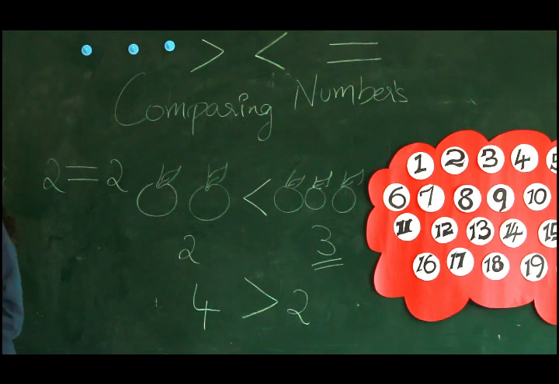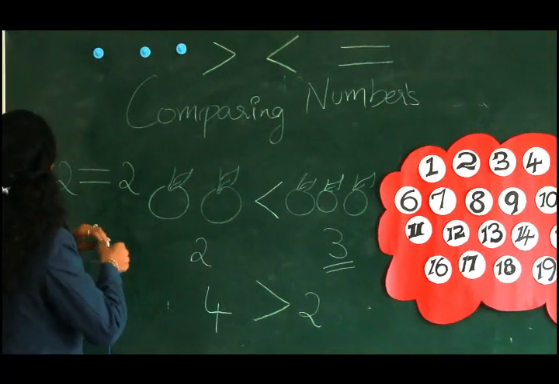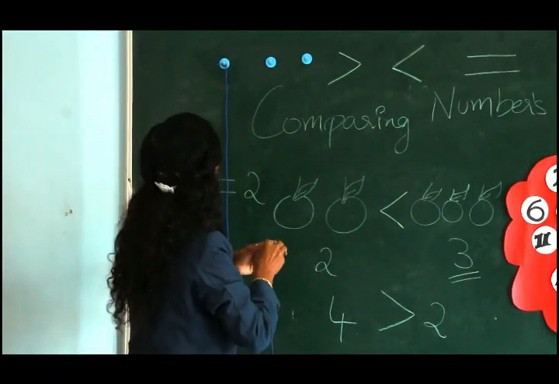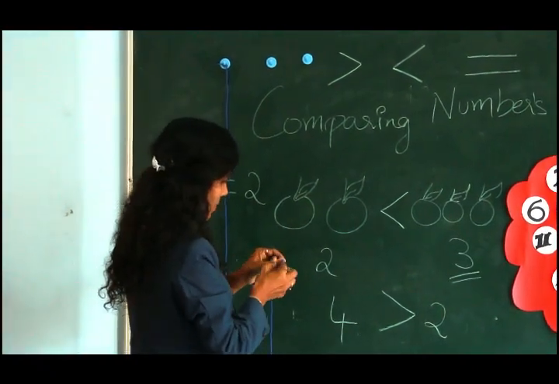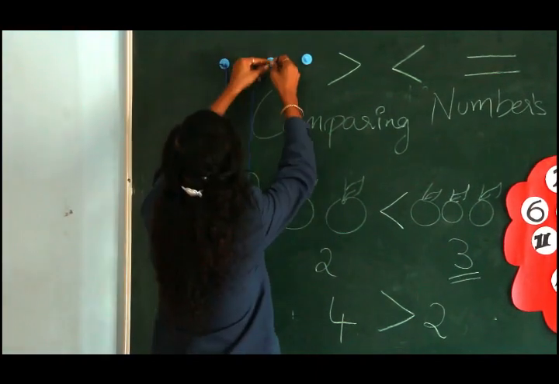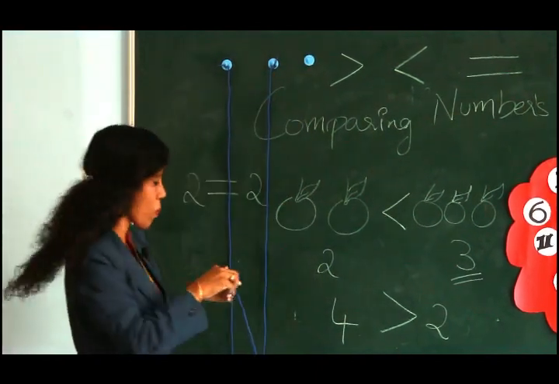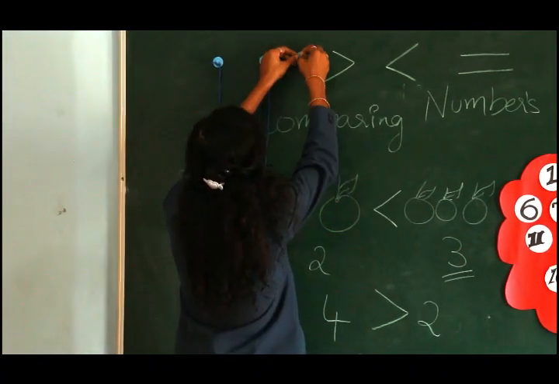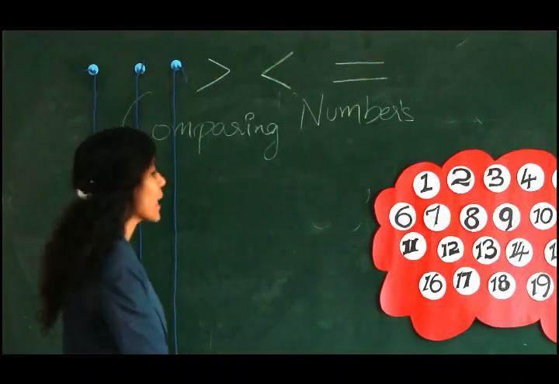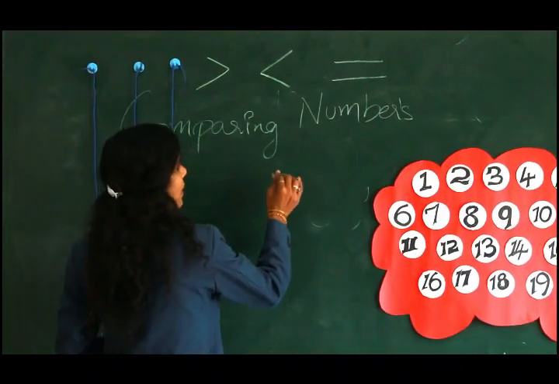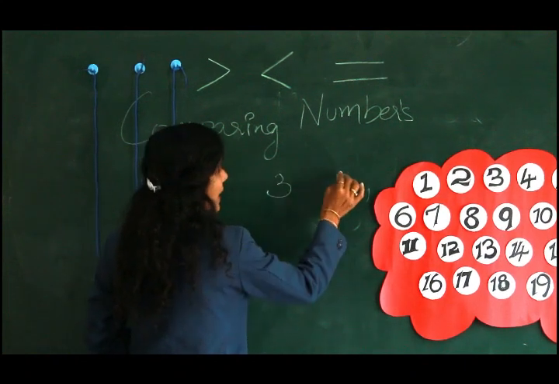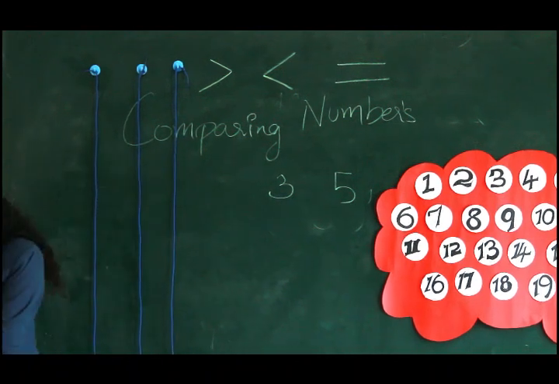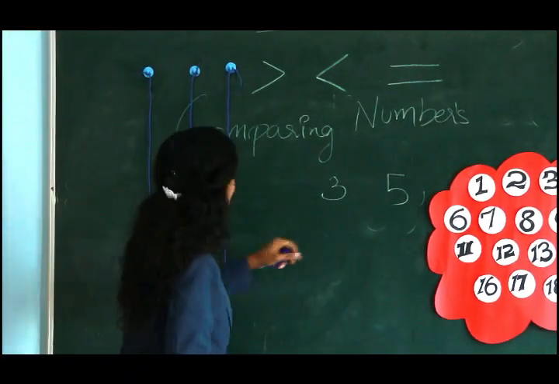So here we take a set of beads. Now we compare the numbers 3 and 5. So our first set will be 3.